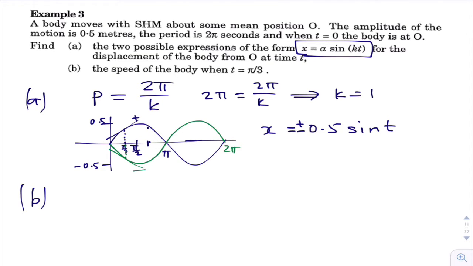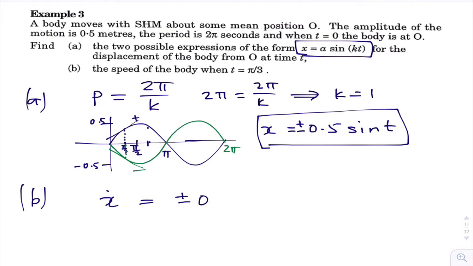For part B, find the speed of the body when t is equal to pi over 3. Okay, so the velocity is equal to, we're just doing the derivative of this function here. So that's going to be plus or minus 0.5 cos t.